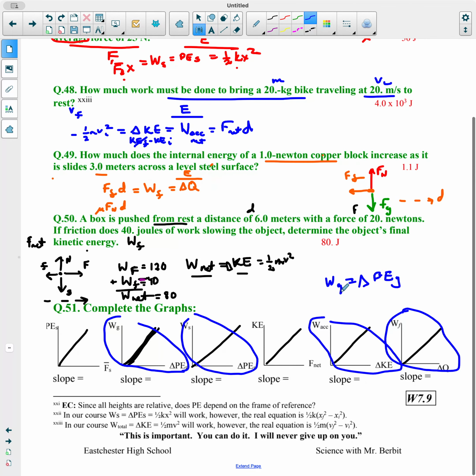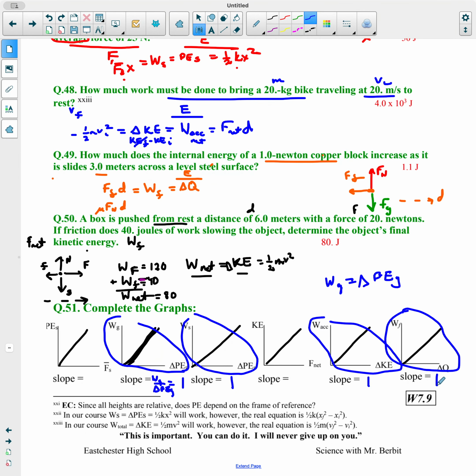If you divide both sides by delta PEG, you are left with delta WG over delta PEG. What's going to be on the right-hand side of that equation? It's not nothing. It's 1. Since these are the same thing, you'll end up with a 1. This is a 1, and this is a 1.